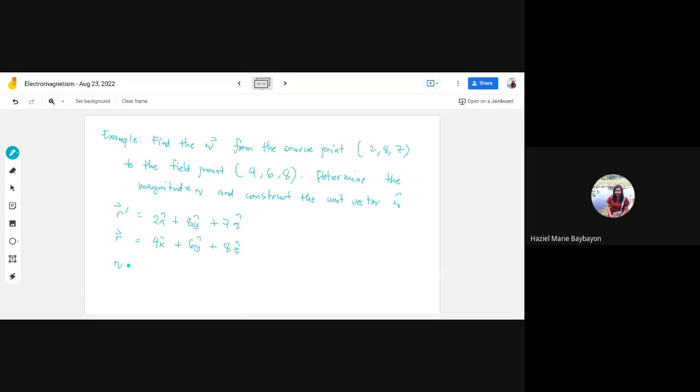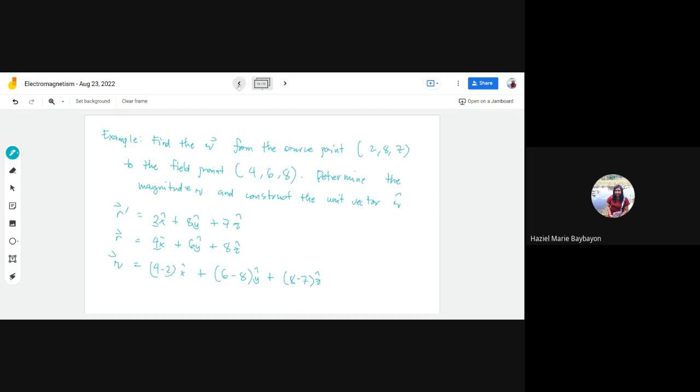So the separation vector is x minus x prime, so you have (4 minus 2) x hat plus (6 minus 8) y hat plus (8 minus 7) z hat.